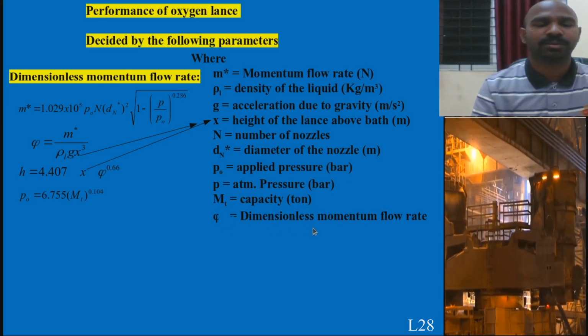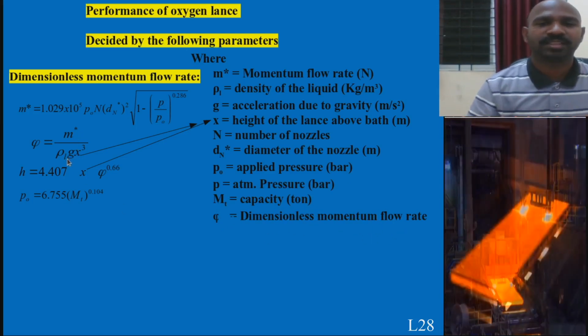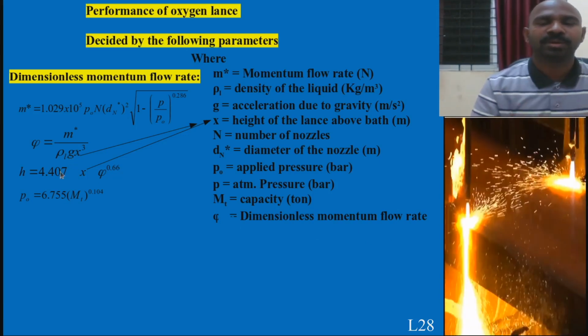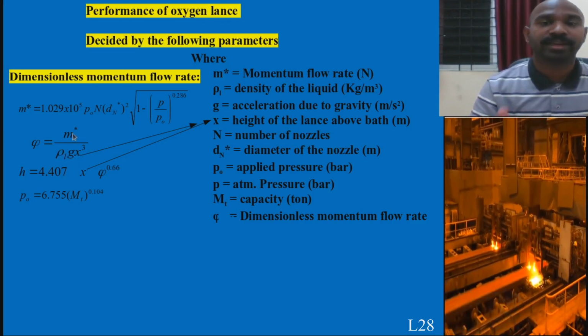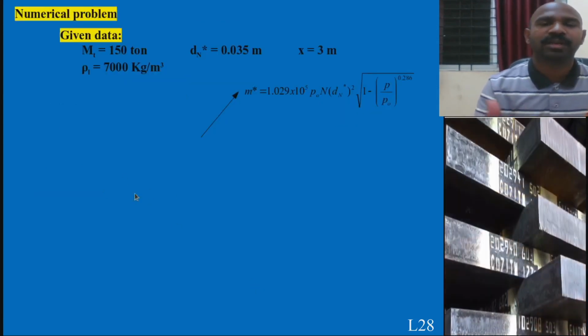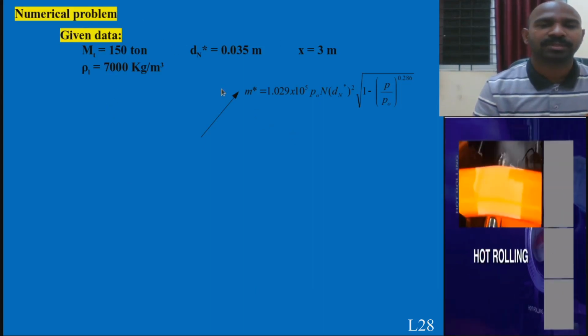Pi is the dimensionless momentum flow rate, when you calculate M star divided by rho L and acceleration due to gravity, and X the height of the lance above the bath. So you will get the dimensionless value. And let me take one example with those formulas.